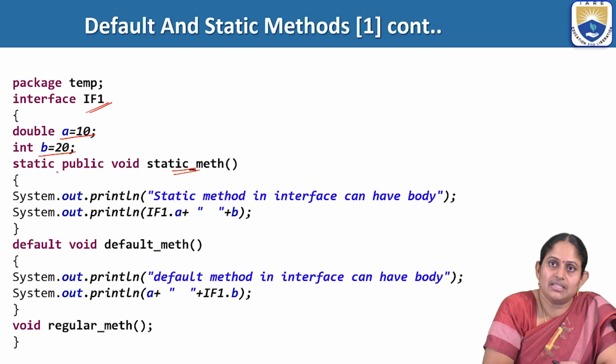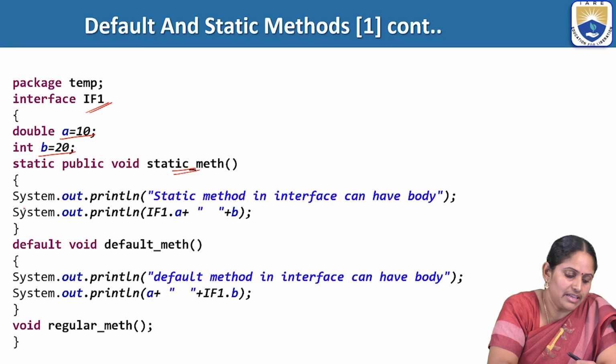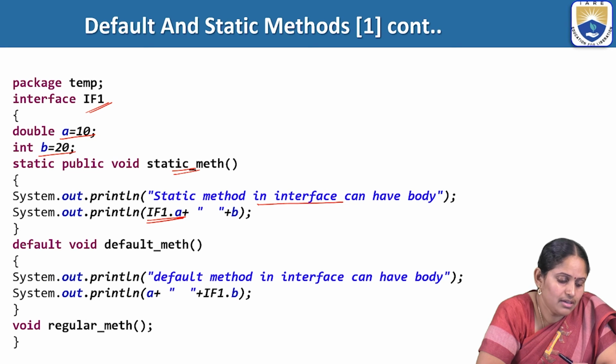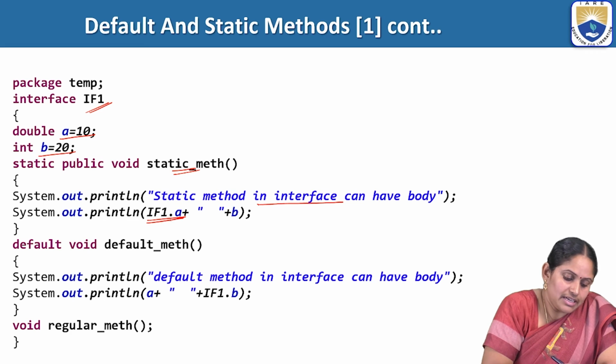Since static methods are allowed to have a body, we are giving some body to it, which is displaying a statement, and we are trying to access the interface variables a and b.